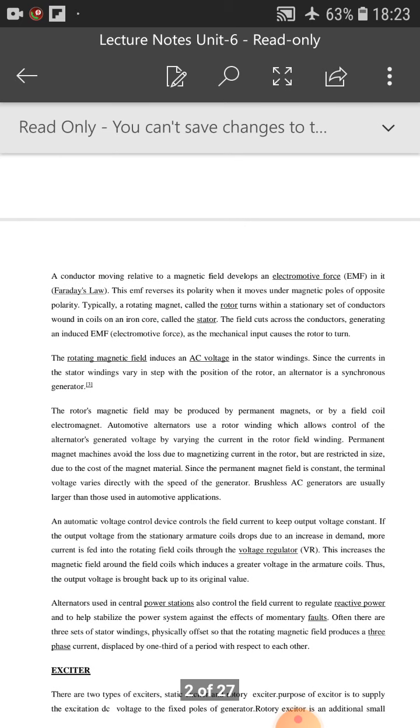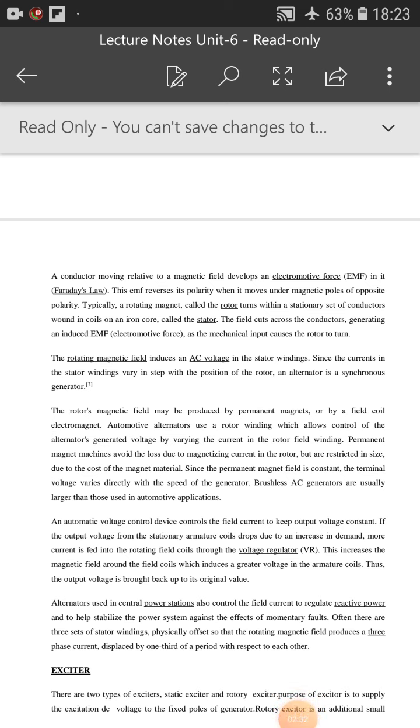A conductor moving relative to a magnetic field develops an electromotive force, that is EMF. This is Faraday's law. This EMF reverses its polarity when it moves under a magnetic pole of opposite polarity.